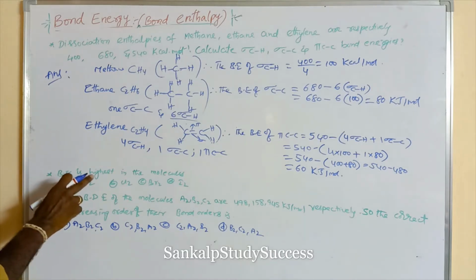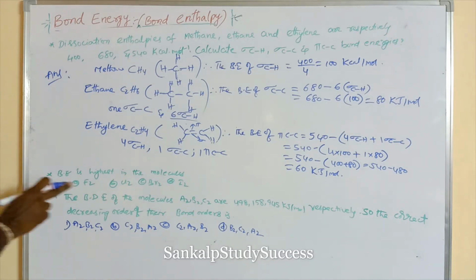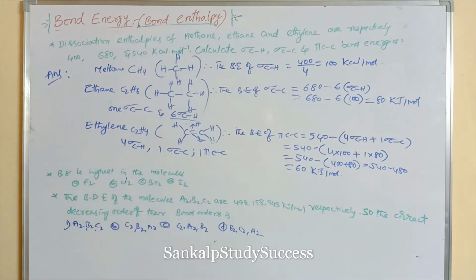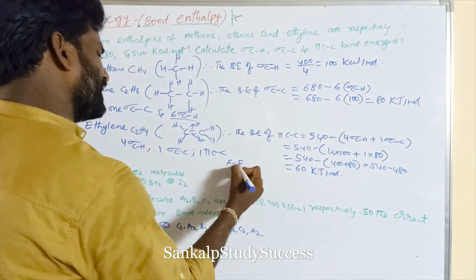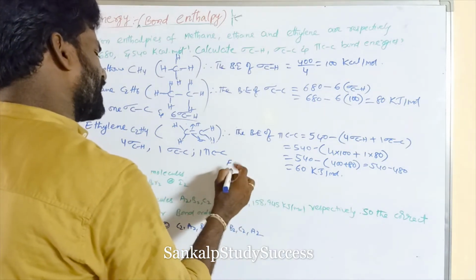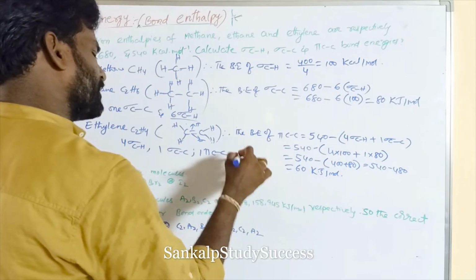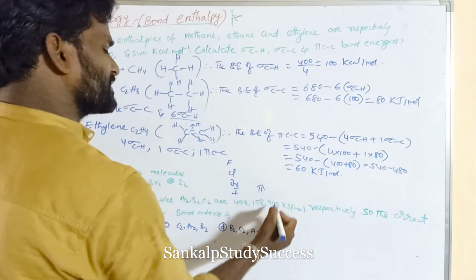Bond energy is highest in which molecule? F2, Cl2, Br2, I2 is given. We know that the bond length increases from fluorine, chlorine, bromine, to iodine. So this is the 7th group. In the group from top to bottom, the atomic size increases.